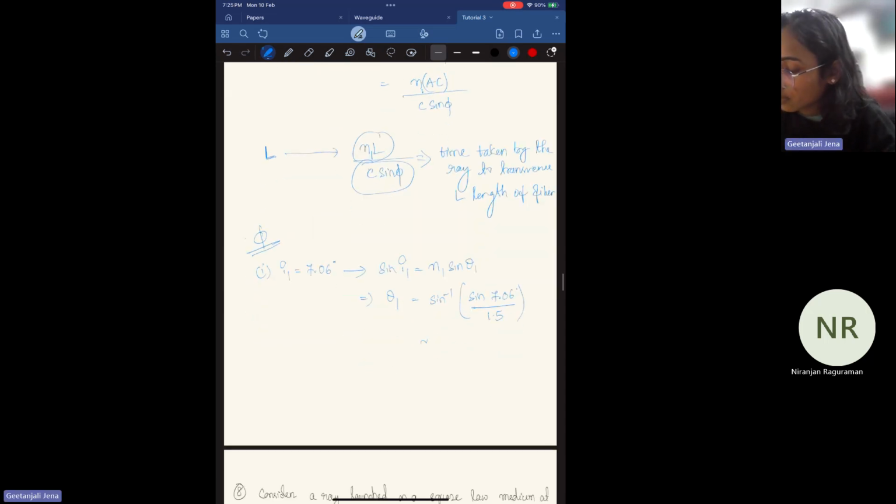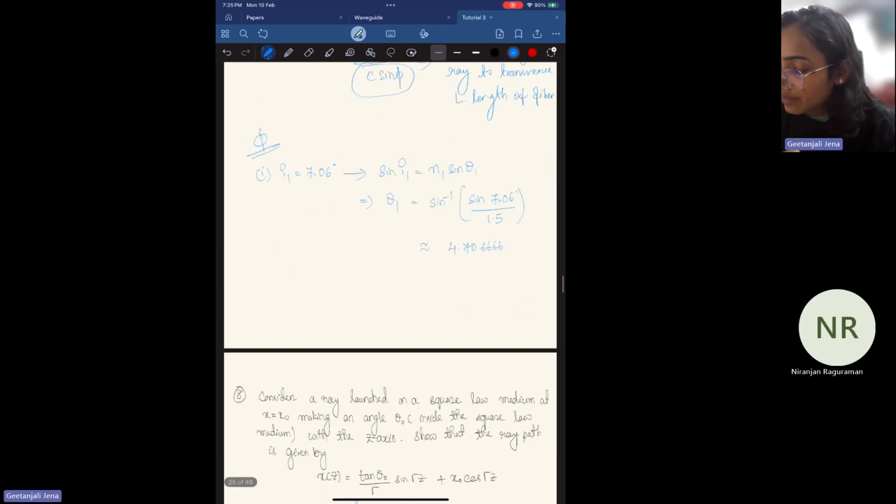And this will come around 4.7066. So that means phi 1, in a step index fiber, if you recall, the path is a straight line. So you can write phi 1 is 90 minus theta 1. So phi 1 will come around 85.2933. This is phi 1.